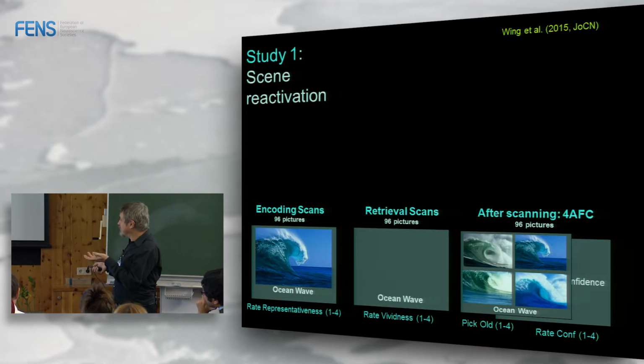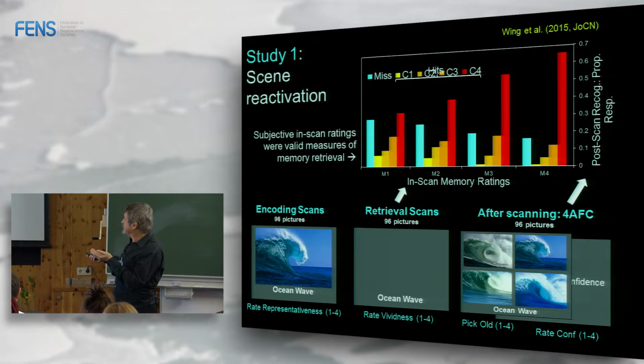Then we wanted to confirm that those vividness ratings in the scanner were actually predictive of that accuracy, and this is what we found. If you look at the 4 levels of vividness, here I call them M for memory 1, memory 2, memory 3, memory 4, you see that the misses in the test go down, whereas the high confidence hits go linearly up.